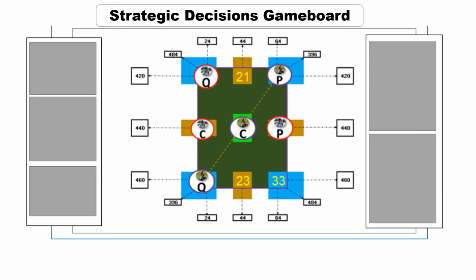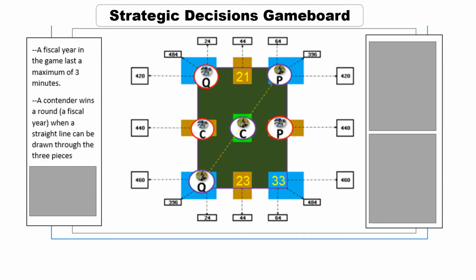Strategic decision game board. A fiscal year in the game lasts a maximum of 3 minutes. A contender wins a round, which is a fiscal year, when a straight line can be drawn through the 3 pieces of each contender.